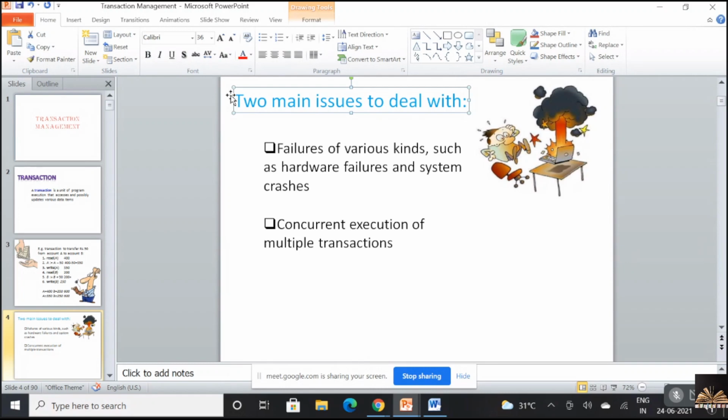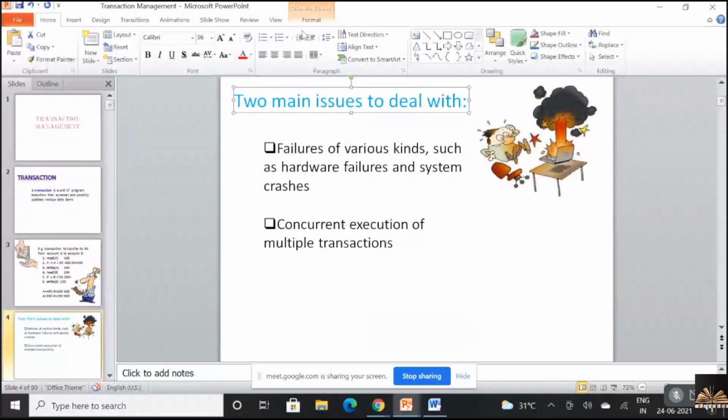And the second major problem to deal with would be concurrent execution of multiple transactions. I should be able to run transactions concurrently, but the concurrent execution of transactions should not affect the other transactions.